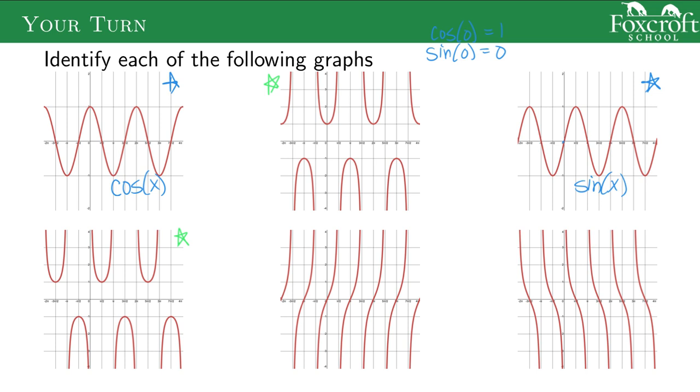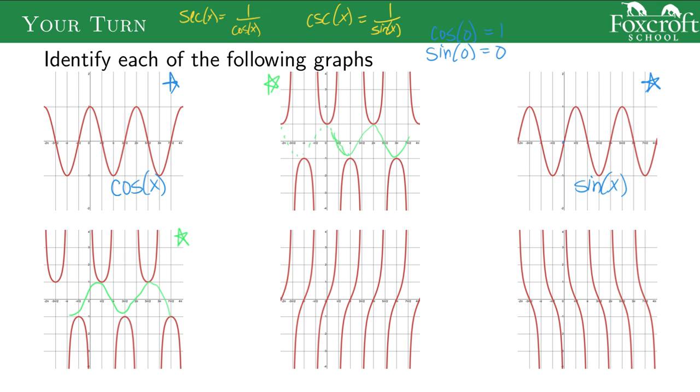Secant is 1 over cosine, and cosecant is 1 over sine. As we saw when we did the graphs, these things are related to our sine and cosine waves. Looks like this. Kind of hits the peaks and valleys.